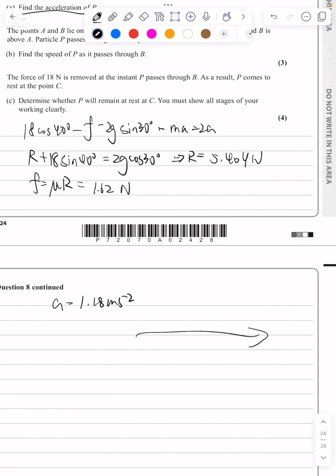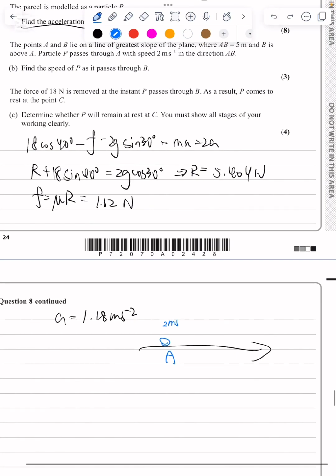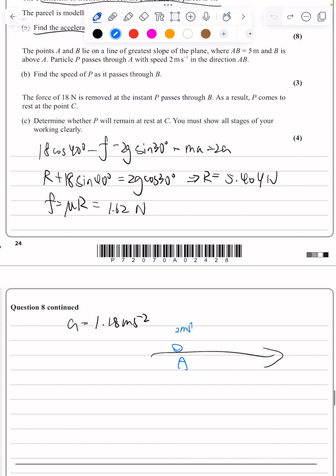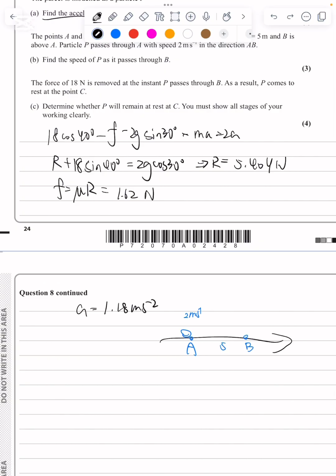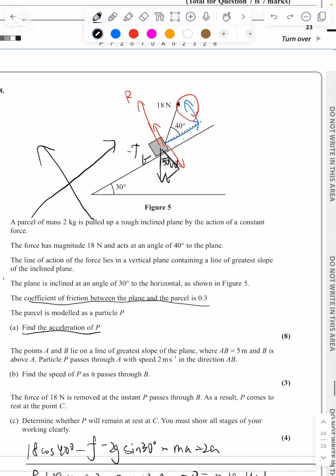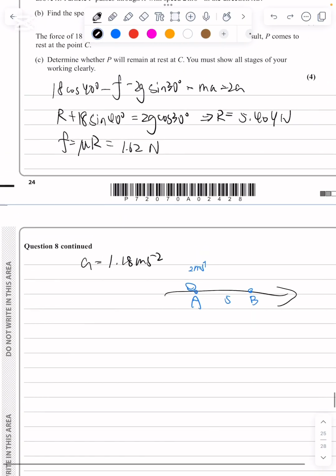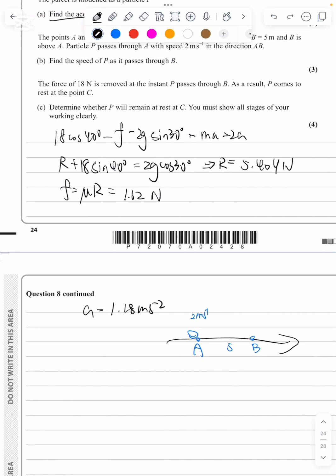We can just imagine a point passing through A with a speed of 2 meters per second, and then at point B this should be 5 meters, and we also have acceleration here, right? So yeah, this question is a SUVAT equation. We don't have to think about the slope.